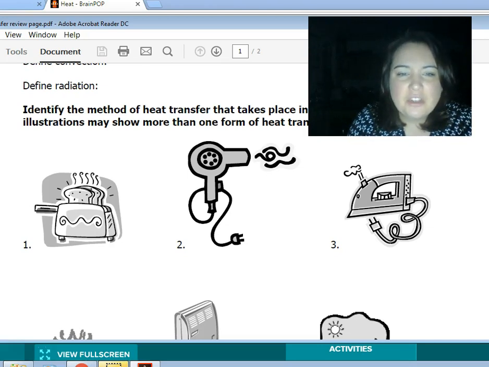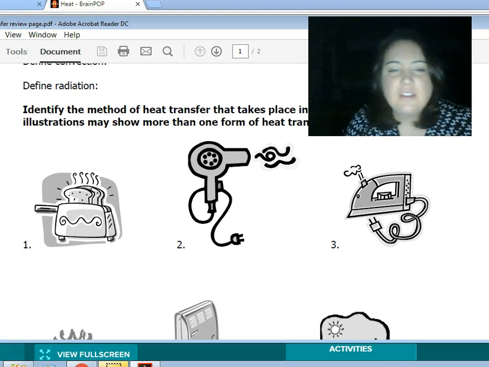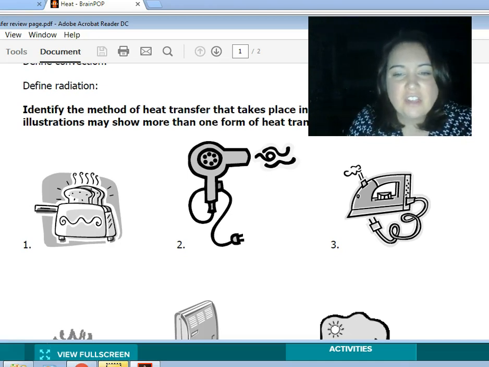All right, moving on. Number 2, we have the hair dryer. We have the radiation as the heat coils start up and they radiate out. Now we'll have convection as that heat starts to rise off, but due to the fan, it actually blows the heat away. So I'll have radiation and convection in there.